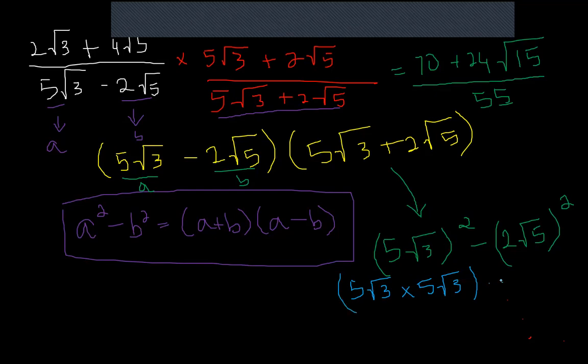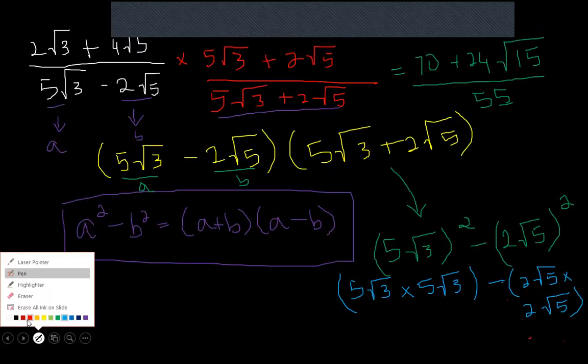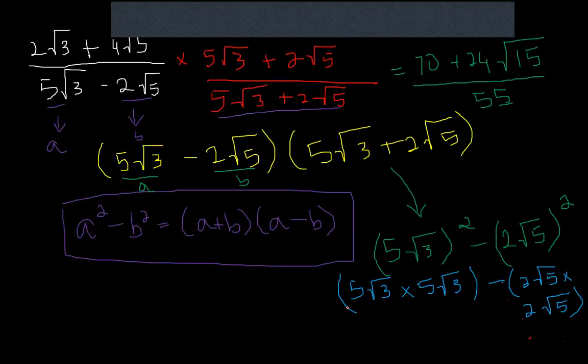Minus, you're doing the same thing here. If I say 2 root 5 squared, what I mean is 2 root 5 multiplied by 2 root 5. We could simplify this even further. Remember, the whole point of rationalizing is to get rid of my square root symbols.